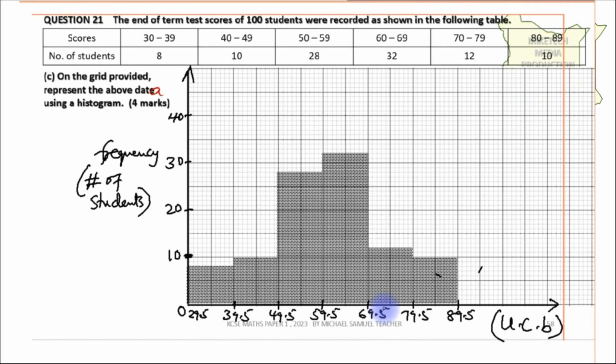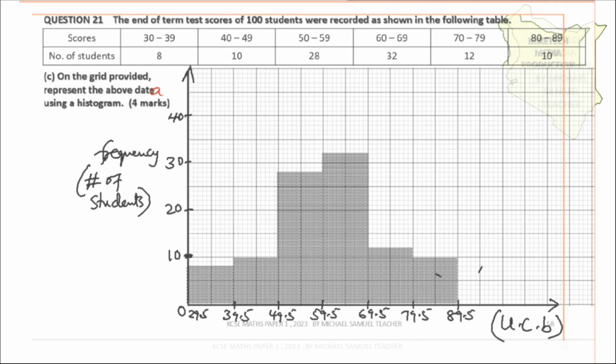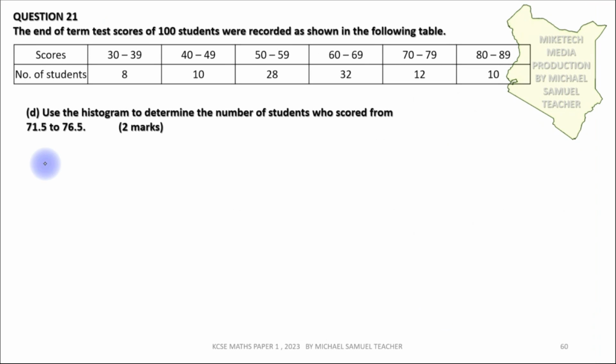So we want to see that 71.5 to 76.5 is between 69.5 and 79.5.